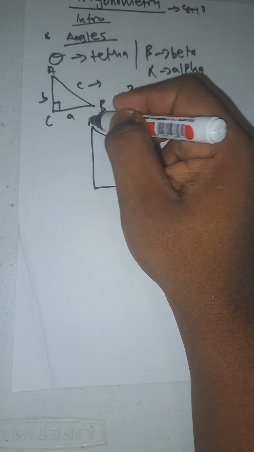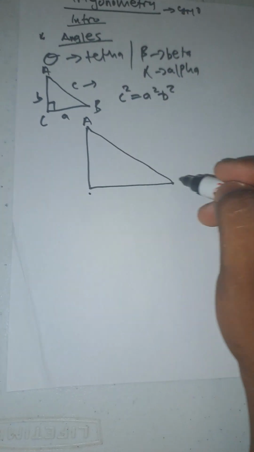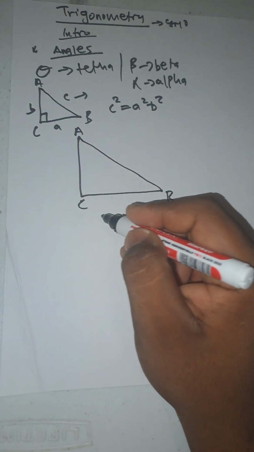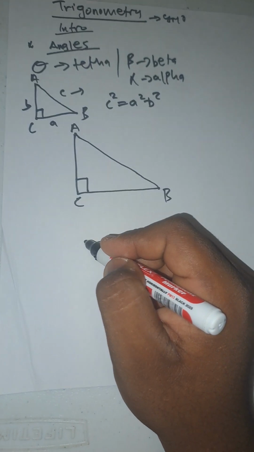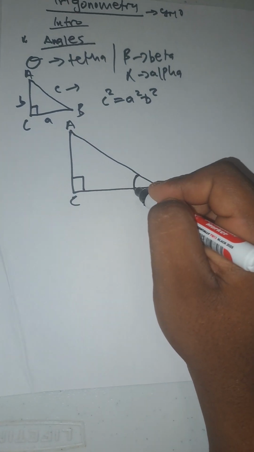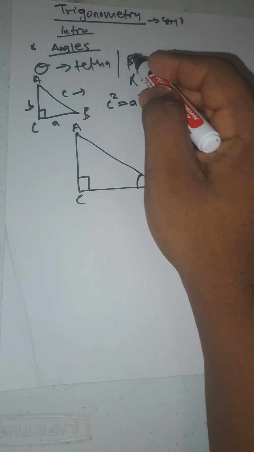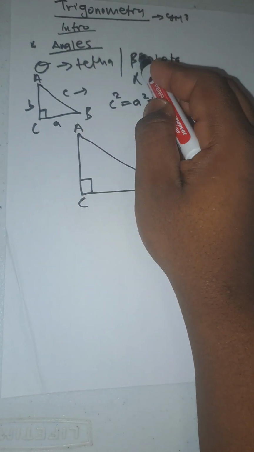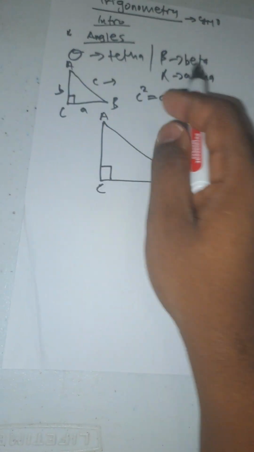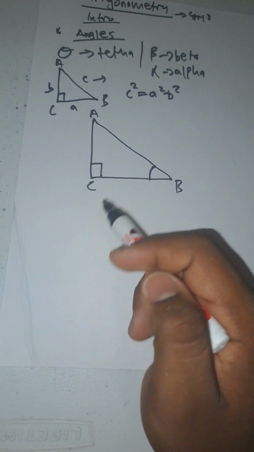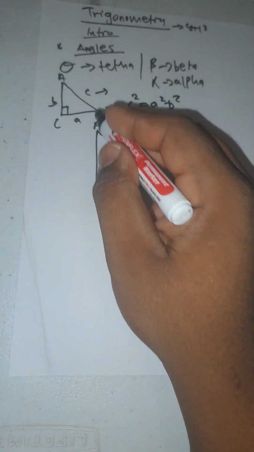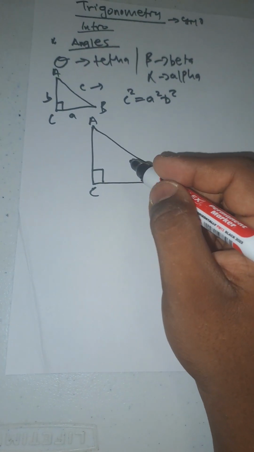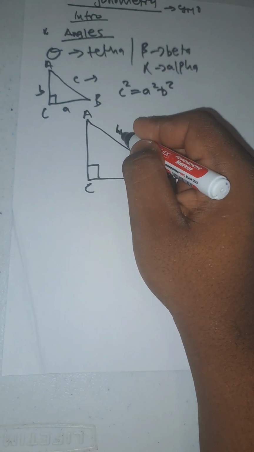So here you'll have A, here let me say B, and here C, with the right angle. Here is where you'll find the angle B, which is theta, beta, or alpha. I said the longer side is the hypotenuse.